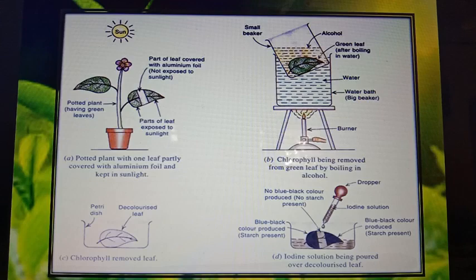In most of the photosynthesis experiments, at last we have to ensure the presence of starch by using iodine solution. Iodine solution in presence of starch turns blue-black in color. But if starch is not present, no color change will be there.